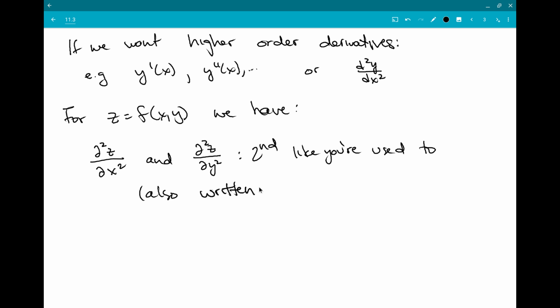And then using that second notation, you could write this f sub xx or f sub yy. These mean the same thing, whichever one you prefer is okay.